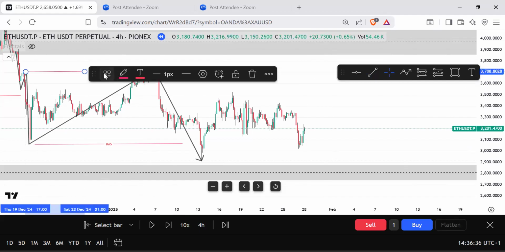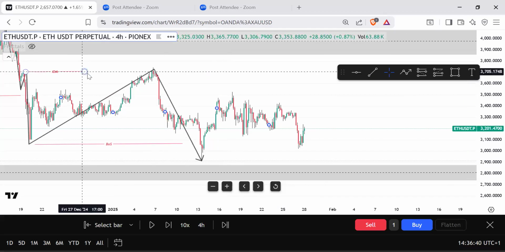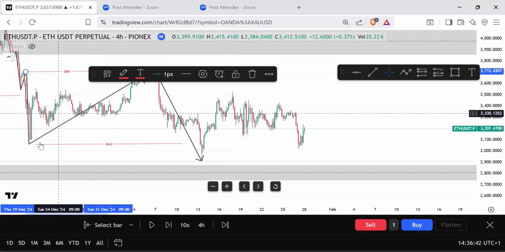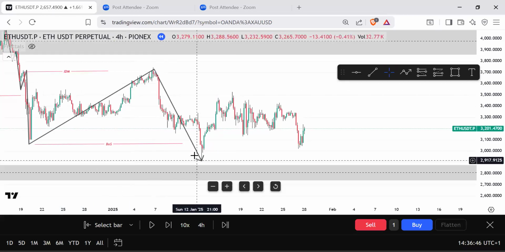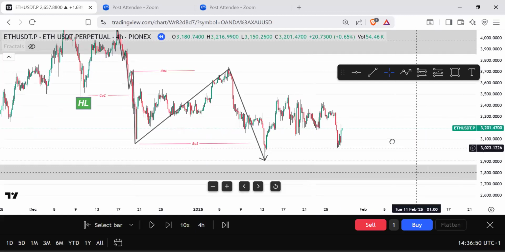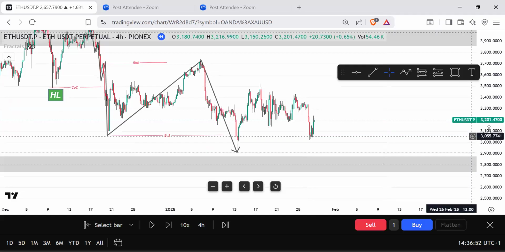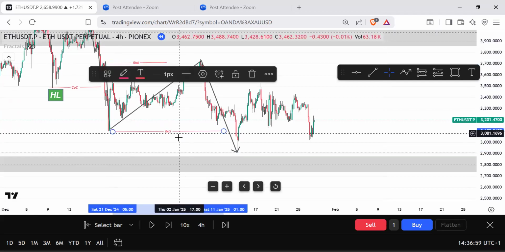That's an inducement, and this inducement causes the break of structure. Is this break of structure valid? Price closed below. Yes.